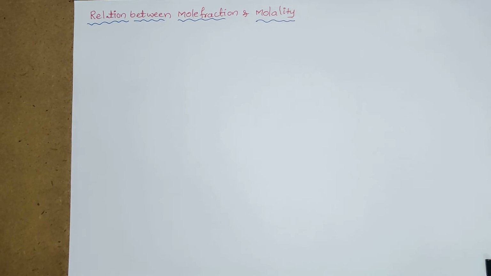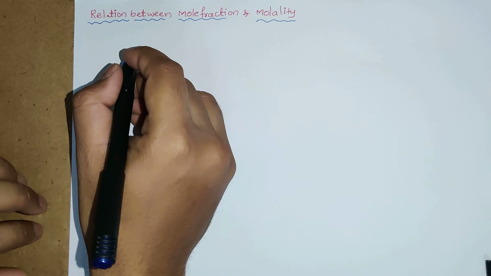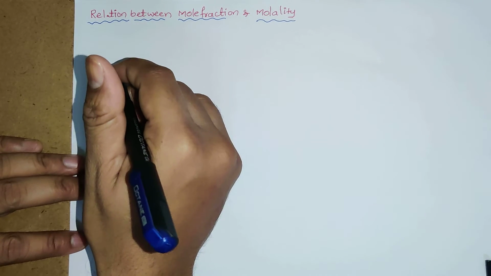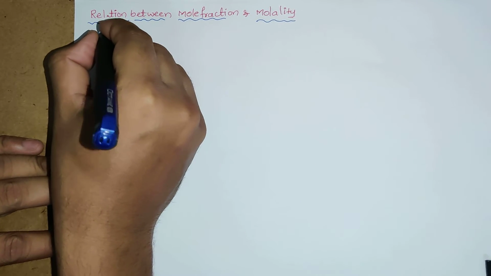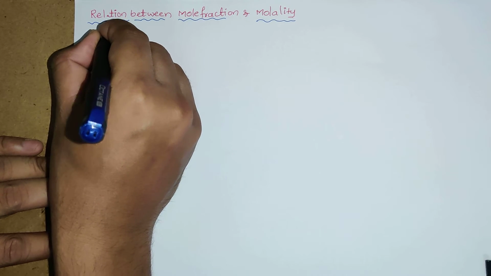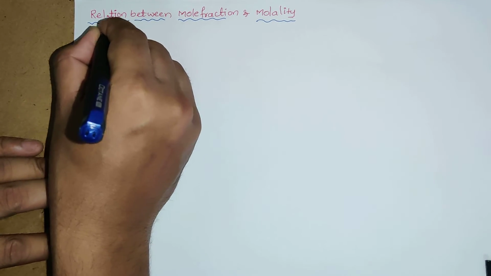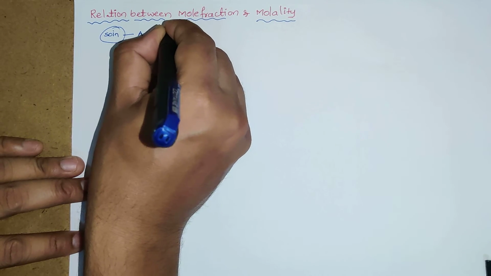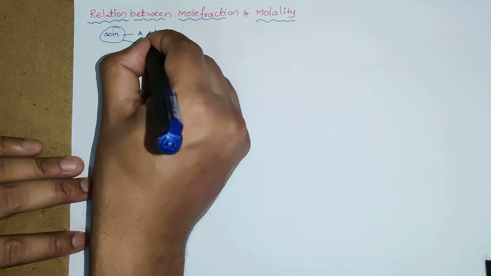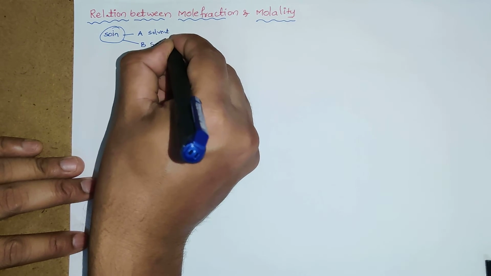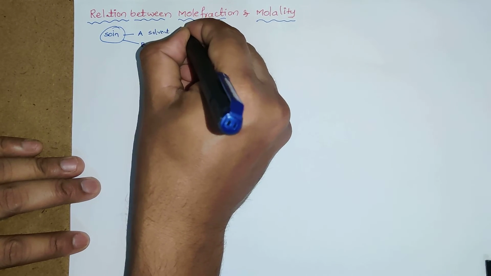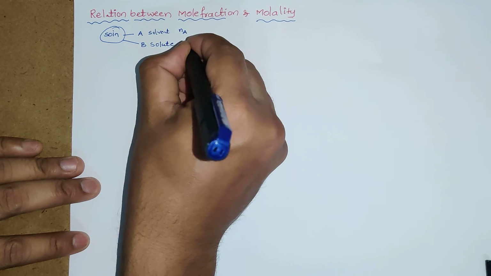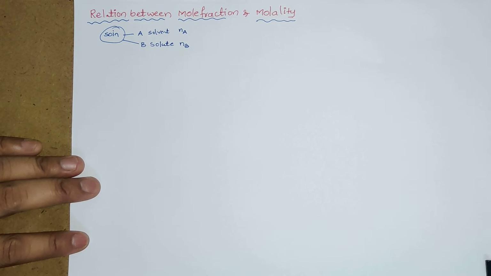Now another important one, the relation between mole fraction and molality. We know very well about the mole fraction. Generally a solution is made up of two components. A is a solvent and B is a solute. The number of moles of solvent is Na, number of moles of solute is Nb.